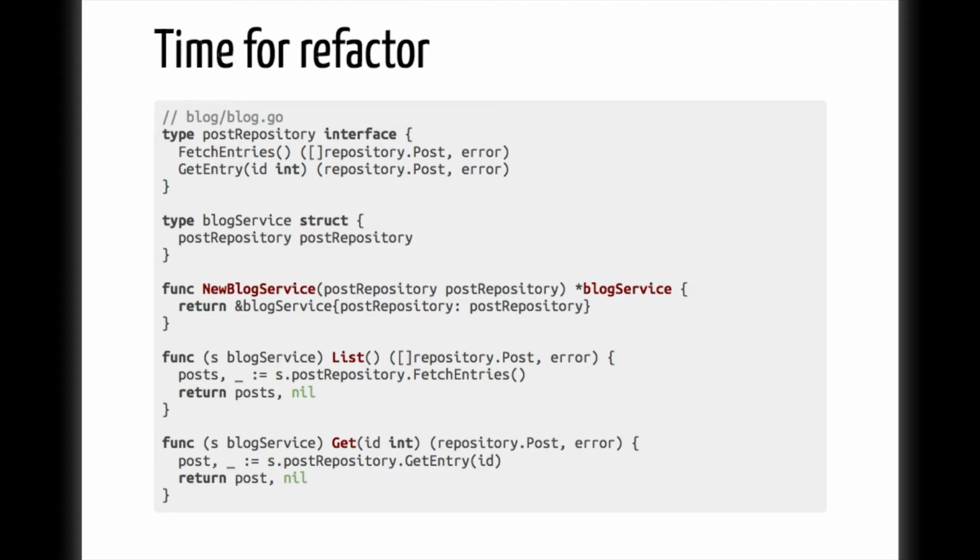In this way, the post service is not aware of the repository more than it needs to be. It needs to have two methods, and where this repository is, where it stores data, is up to the developer or up to the repository.